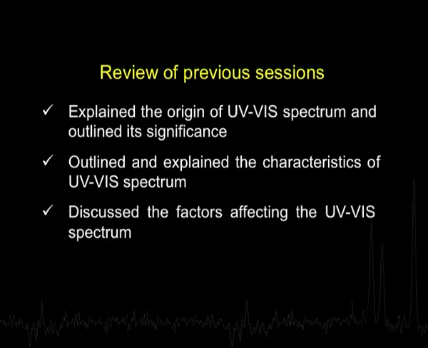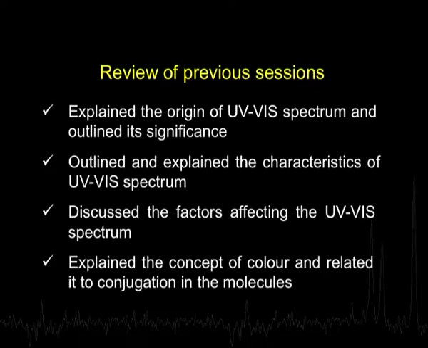Thereafter, we discussed the factors which affect UV visible spectrum. Having done that, we brought in the concept of color and related it to the conjugation in the molecules, because that is a very important correlation we could establish in one of the sessions earlier.